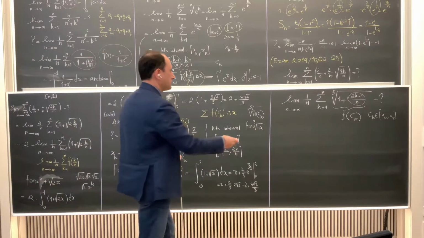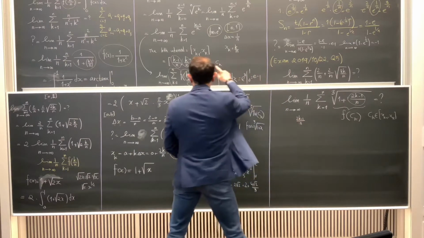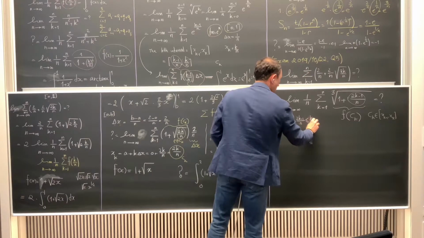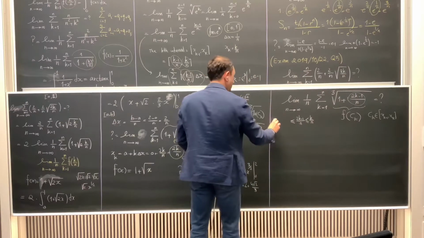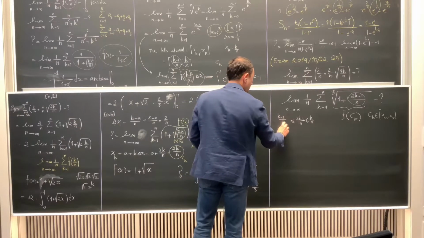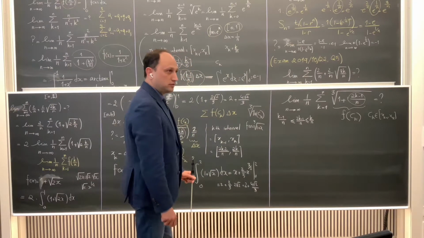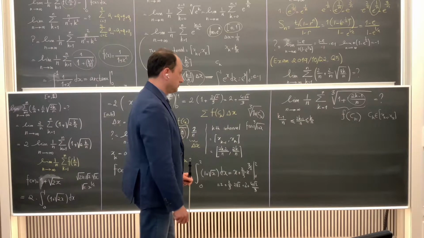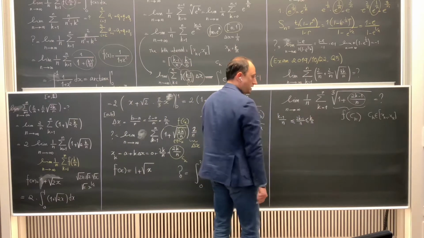What is the meaning of this question? The meaning of this question is, do you think it is guaranteed that this number is in this interval? It means, is it guaranteed that this is always smaller than or equal to k over n and greater than or equal to k minus 1 over n? I don't think so. No, I don't, because let us check. This n and this n are the same.